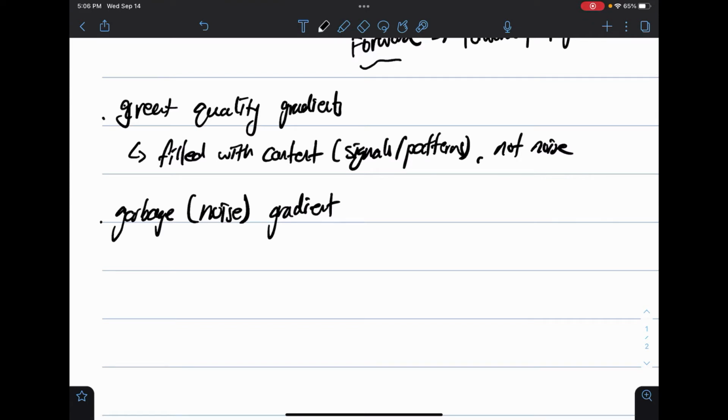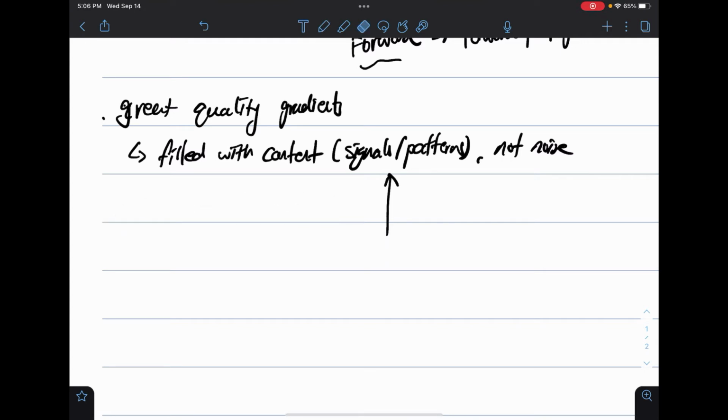This is where statistics comes in. This is where we could brainstorm and talk about so many different ways to create these great quality gradients. I think one other way to understand how to create a great gradient is to understand how not to create a garbage gradient. What are the many ways to avoid creating garbage gradients?